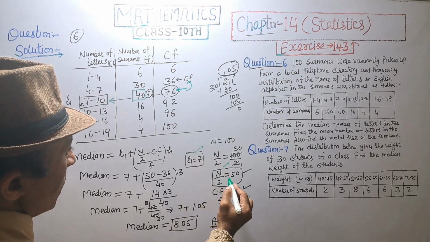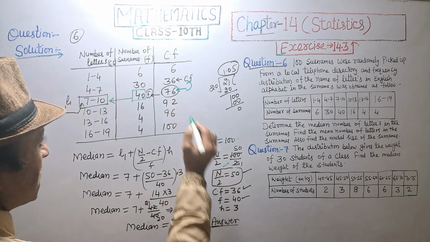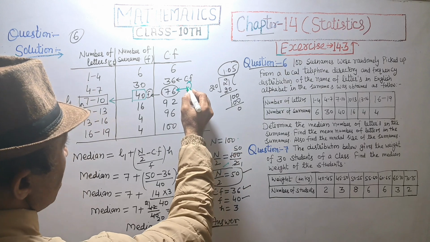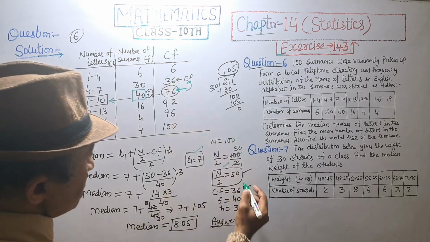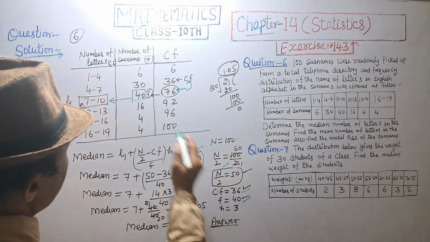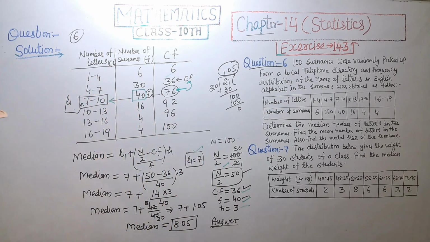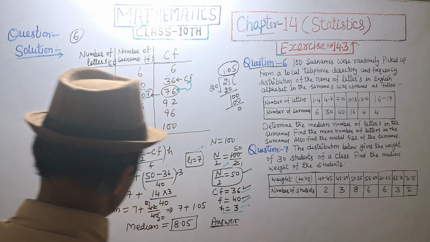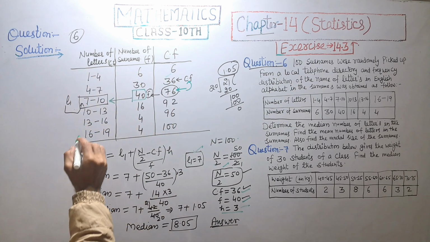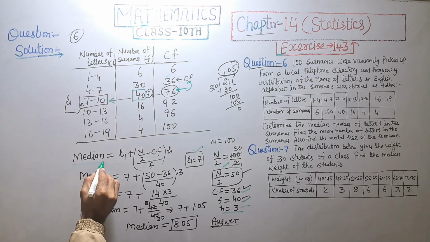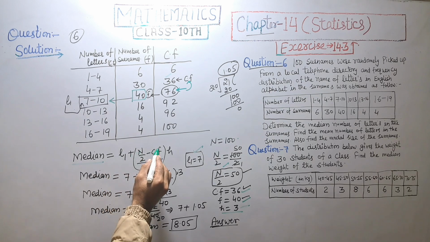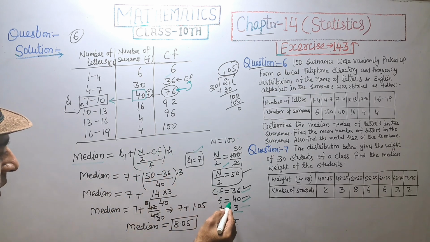We get L1 is 7, N by 2 is 50, CF is 36, frequency F is 40, and H is the difference between class intervals, that is 3. So median is equal to L1 plus N by 2 minus CF upon F into H.